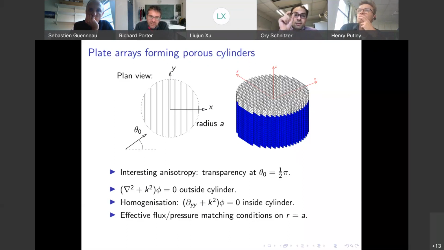Yeah, you'd have a short scale, which is still the slot, but the long scale would be intermediate between that short scale and the diameter of the cylinder. And of course, then you have the external region as well.